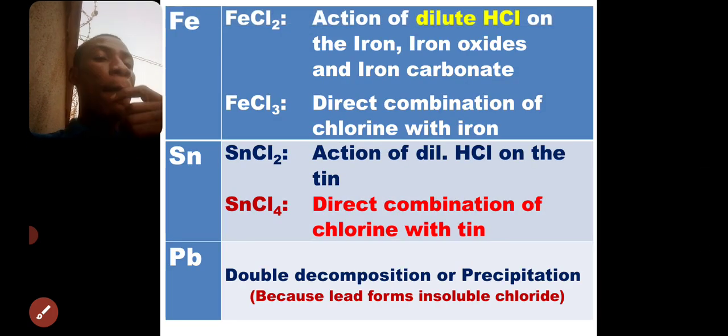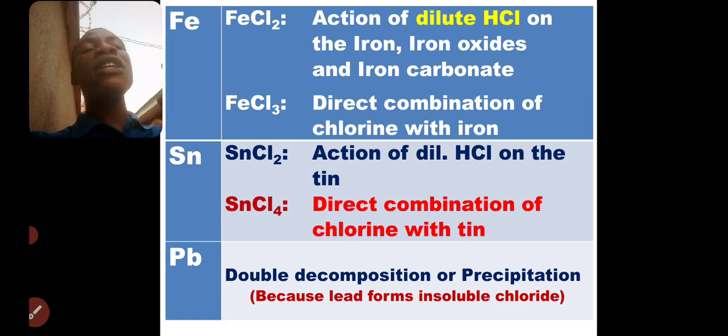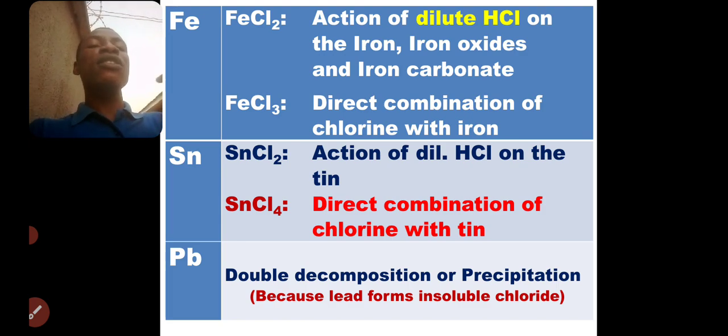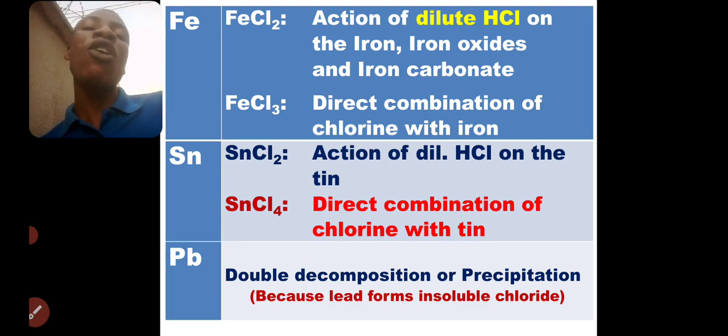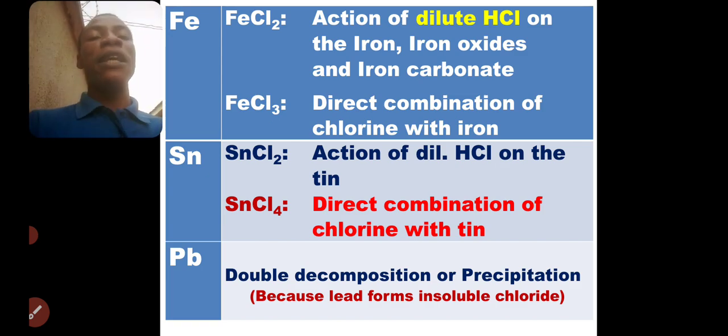However, in the case of iron and tin, which have the ability to form two types of salt because they are transition elements with variable oxidation states, they can form two different chlorides.